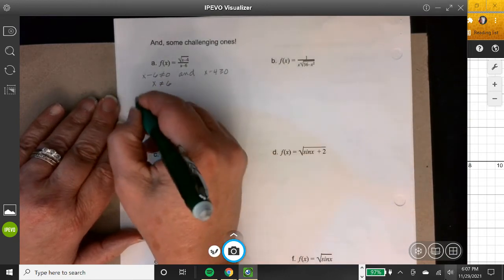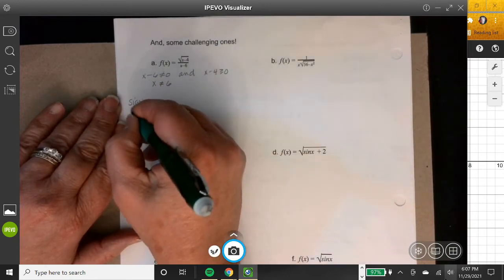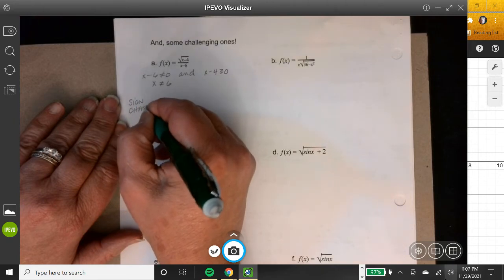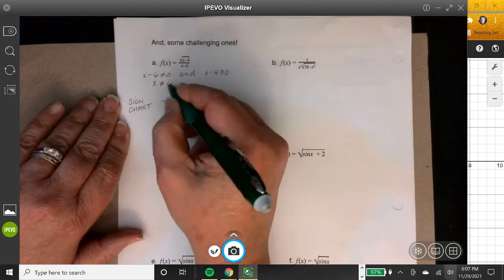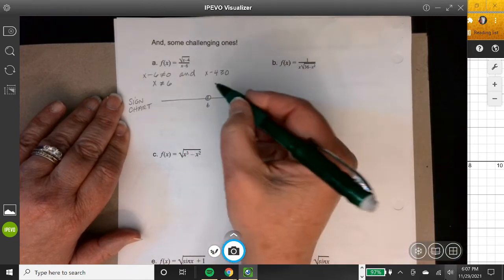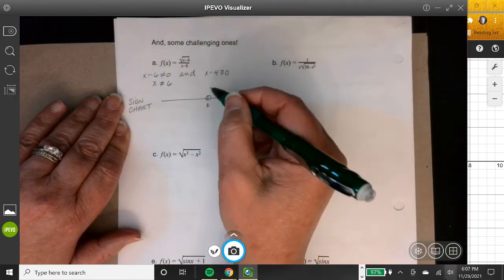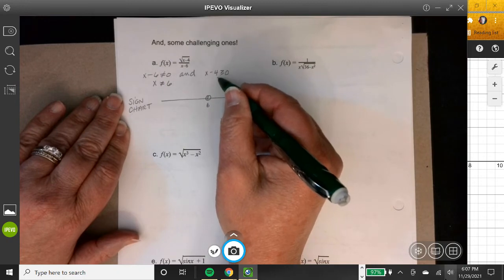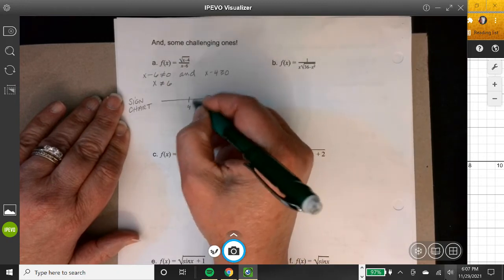And then let's do my sign chart here. So in this case, I'm going to combine a sign chart with a number line. So I know that x can't be 6. I'm going to put an open dot here. And this says, well, what are the zeros of x minus 4? Well, the 0 here is 4. So we're going to put a 4 on here and put a 0.